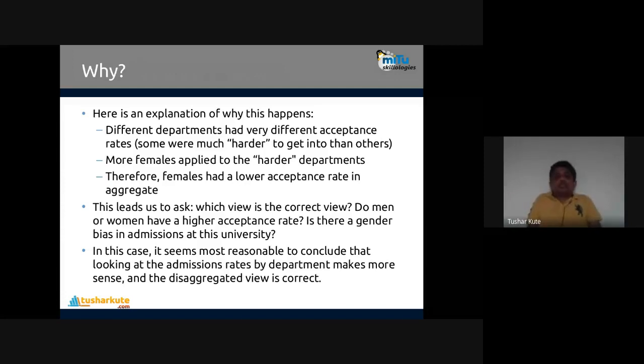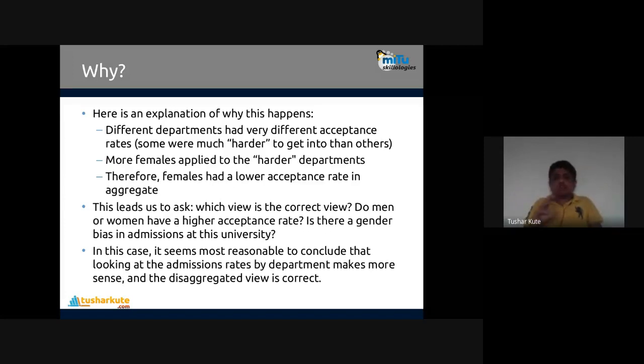Maybe more females apply to the harder departments. That's also possible. In the harder departments, more females applied. That's why the overall rate is lower, but the department-wise rate is different. Therefore, females had a lower acceptance rate in the aggregate because they applied to harder departments.